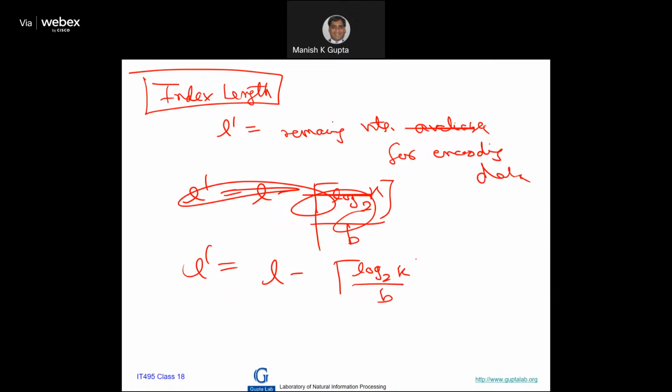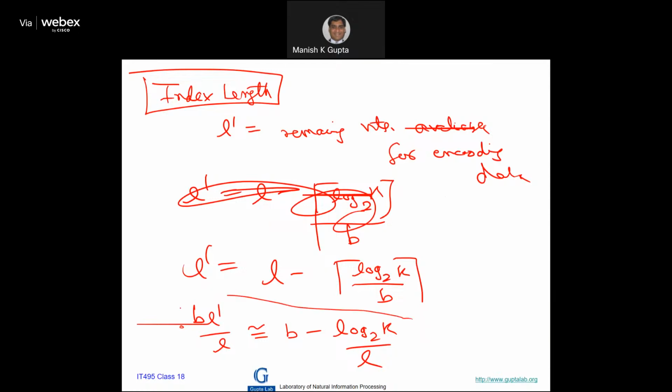So the information capacity for each nucleotide will be B times L prime divided by L, which is approximately equivalent to B minus log 2 base K divided by L. So we are multiplying the whole expression by B. This is the only difference that you will see because of the index length. Okay. So I think that's all about coding potential.